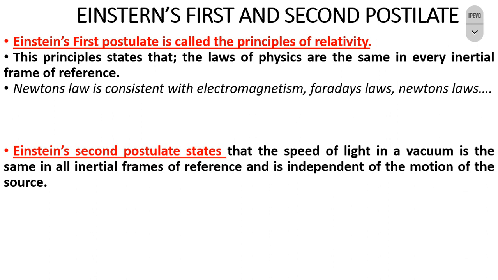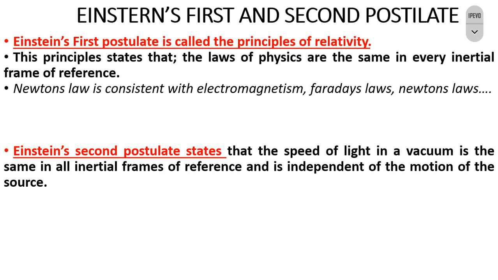But that does not hold for an electromagnetic wave or light. If you are in the bus moving at 100 meters per second and you turn on a light, it travels at the speed of light. You cannot say the speed of the bus plus the speed of light; that is wrong.